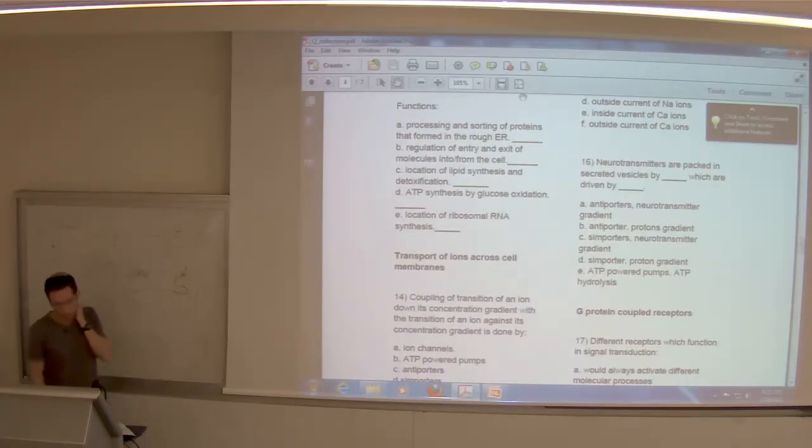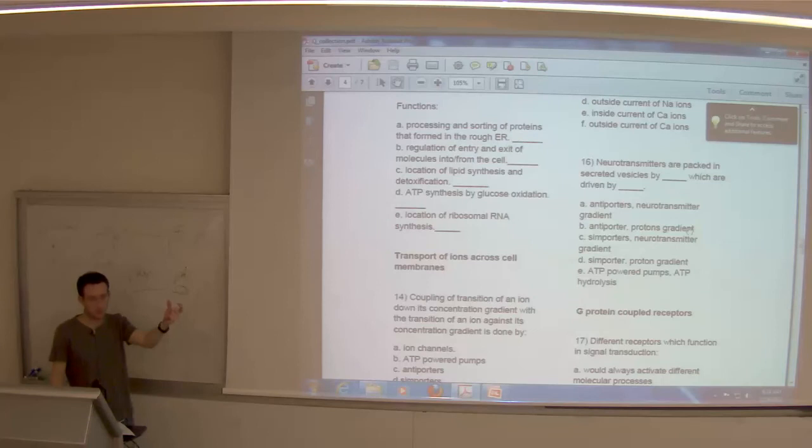Okay. Neurotransmitters are packed in secreted vesicles by who? Which are driven by what? So the neurotransmitters are packed into secreted vesicles by antiporters, which are driven by proton gradient.